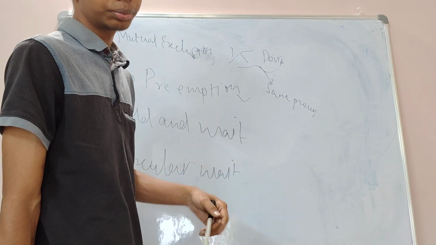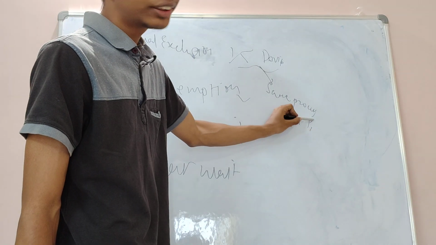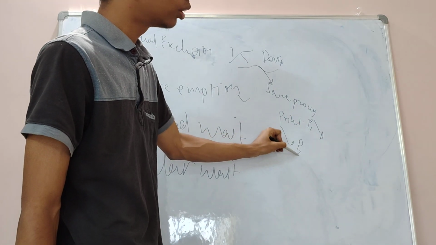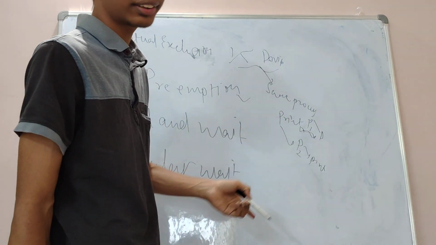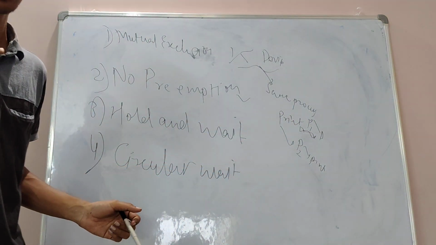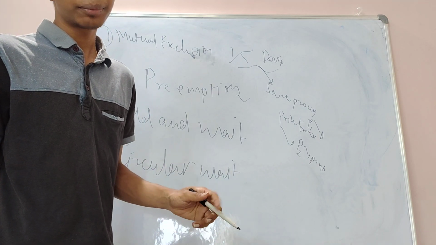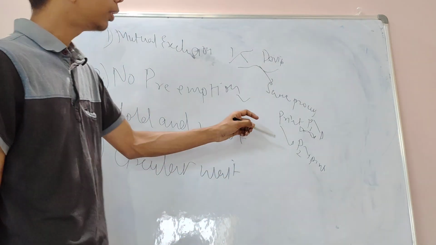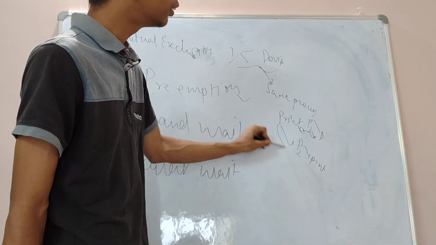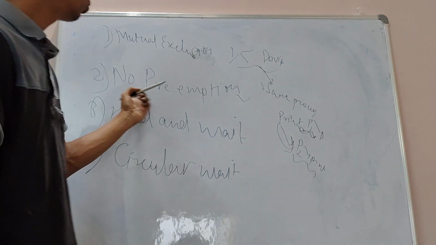Suppose my printer is serving process P1, which made it print, and at the same time P2 wants to print, but it cannot preempt P1, right? P1 holds R1 and waits for R2. It cannot take over from P1 and then go for P2 and print, right? So this is mutual exclusion and no preemption.